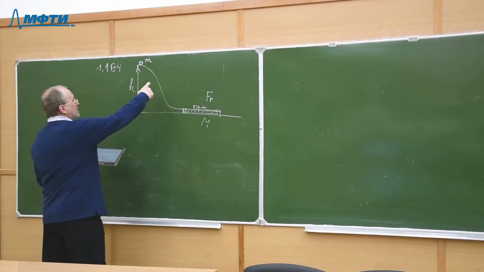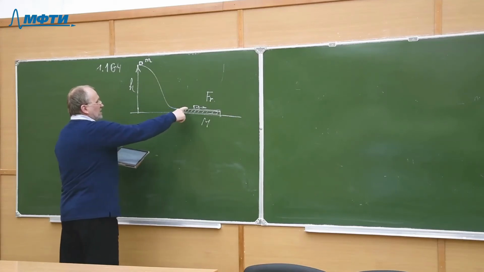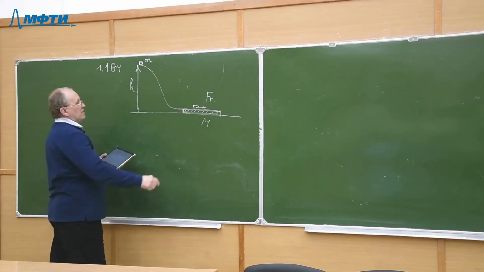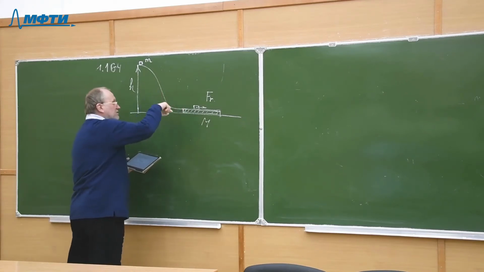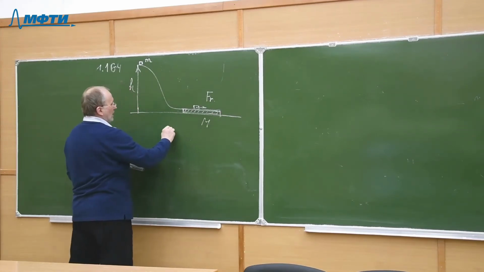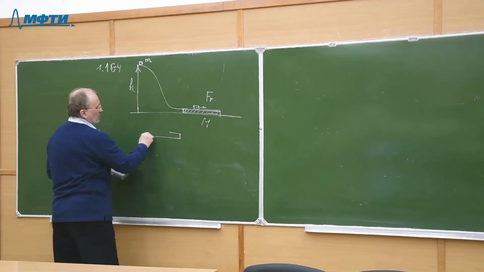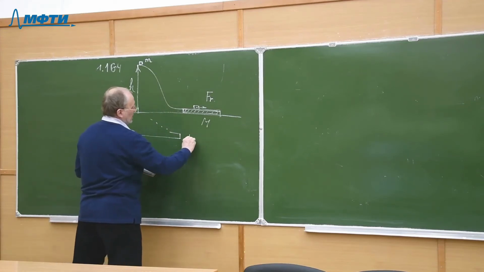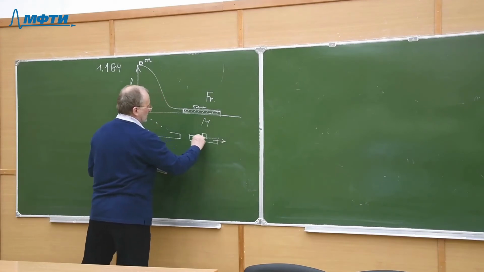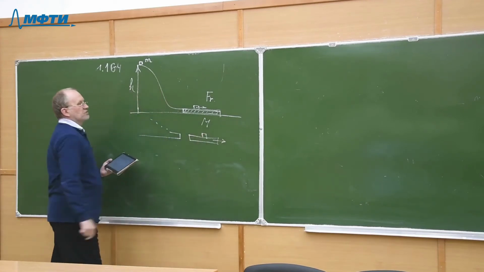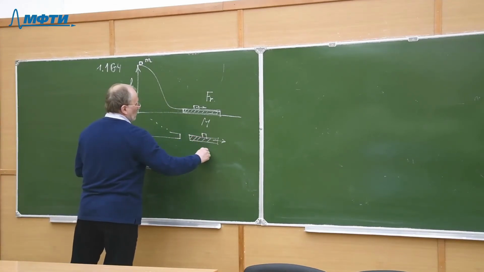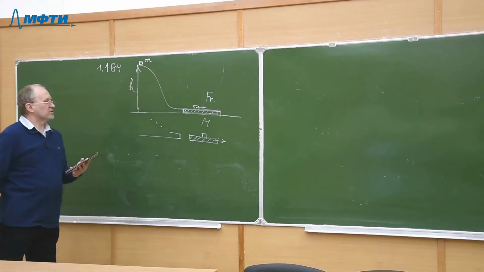So when the disk comes here and enters the surface of the plank, there are forces of friction acting on the disk and equal forces of friction acting on the plank, so that the plank starts moving, and finally we will have something like this. The plank moves together with the disk on it, because there are forces of friction between the disk and the plank. So this is the plank, which will start moving along the horizontal surface.